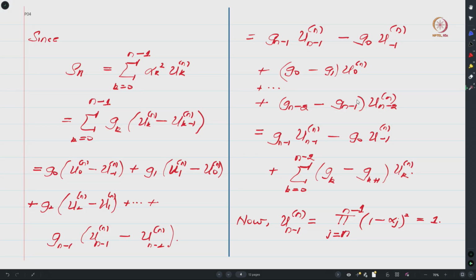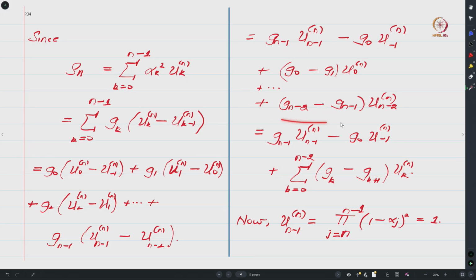So after we do this, we will be left with this expression and this product, which I have written separately over here. So this is gn minus 1 times un minus 1n minus g0 times u minus 1n. This is the expression that we have over here.